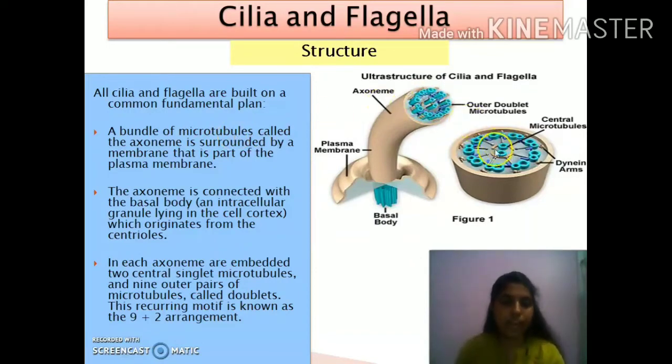Clear? And if you take the cross section of this, then it will look something like this. Here you can see two central microtubules placed at the center, and it is surrounded in turn by nine doublet microtubules which are present in the periphery. Clear? And so the 9 plus 2 arrangement is the basic arrangement for the ultrastructure of both cilia and flagella. Okay.